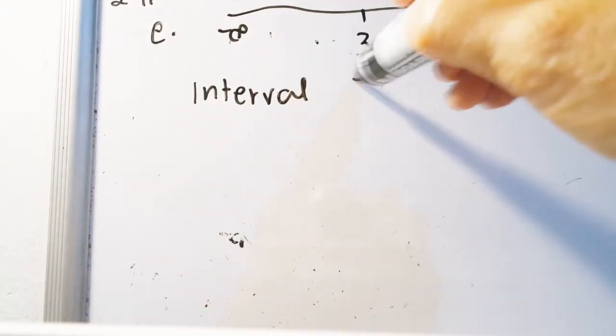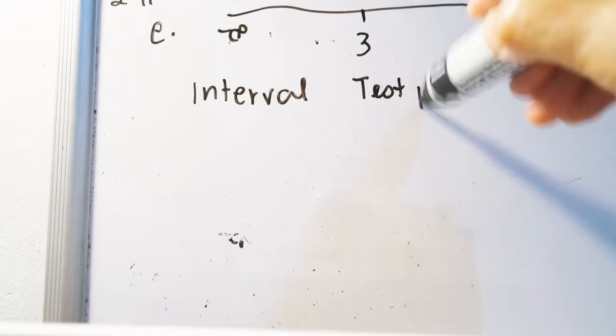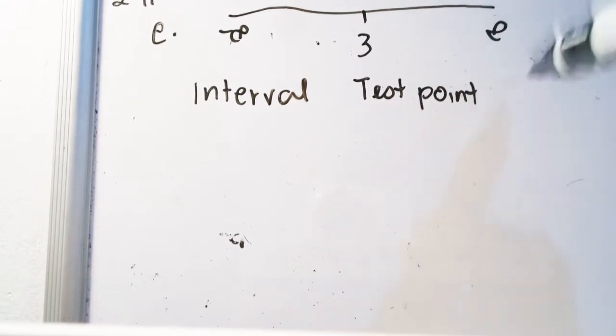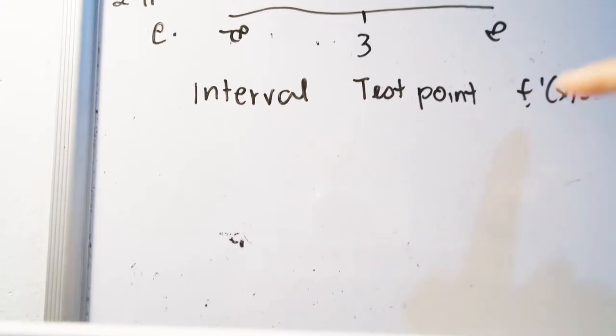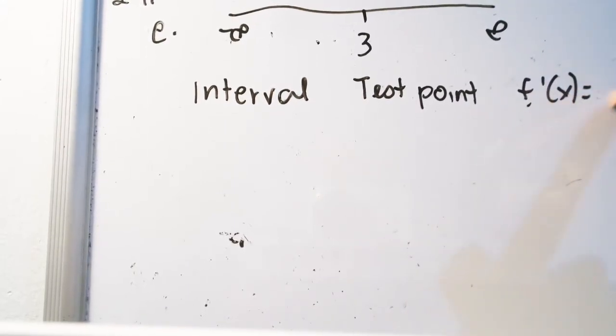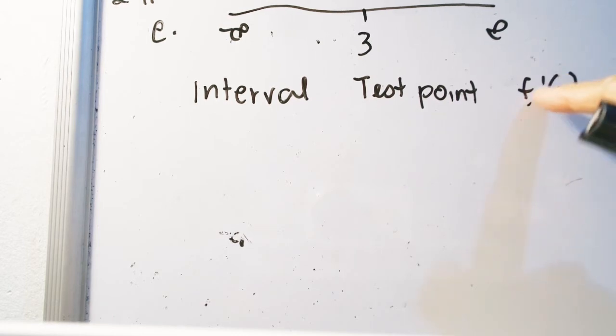So I'm going to put down the interval here: interval, test point, and f prime of x. It's not f of x, but it's f prime, because we want to determine the slope of each interval. Because we're doing increasing or decreasing, we have to use f prime.